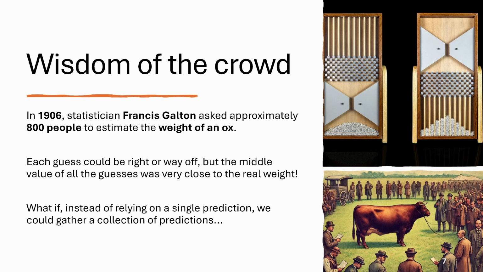In ensemble learning, we replicate this by combining multiple diverse predictions. So each model's weaknesses are offset by the strength of others, and models make independent predictions that are then averaged or weighted, reducing the likelihood of extreme errors.